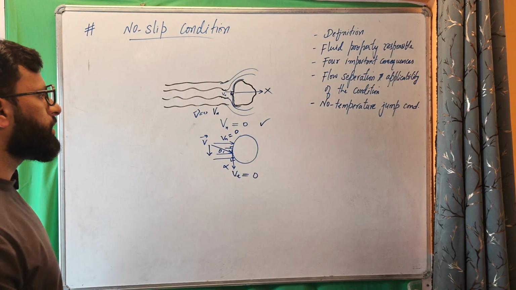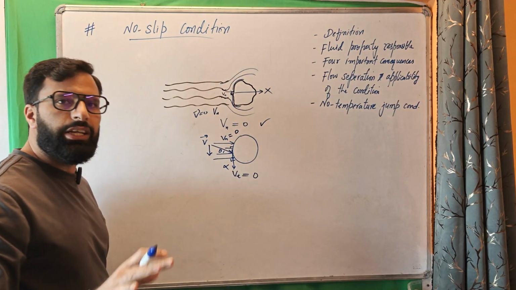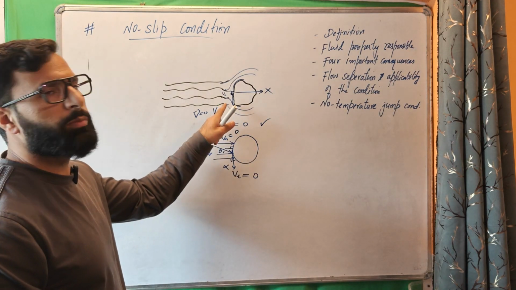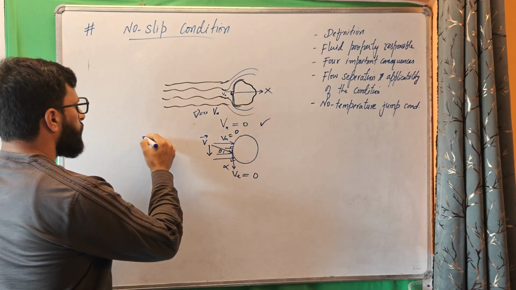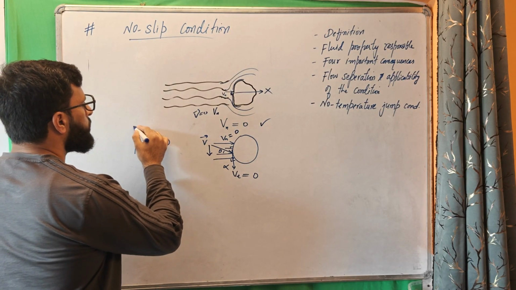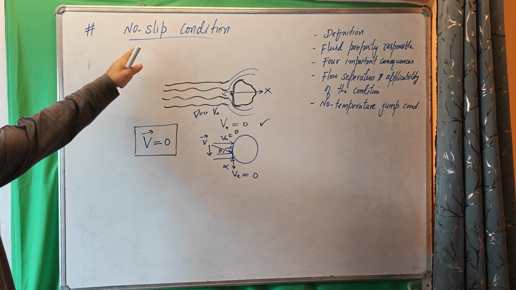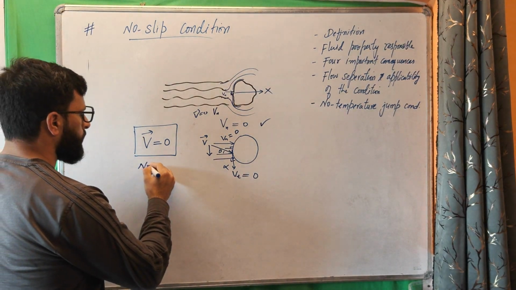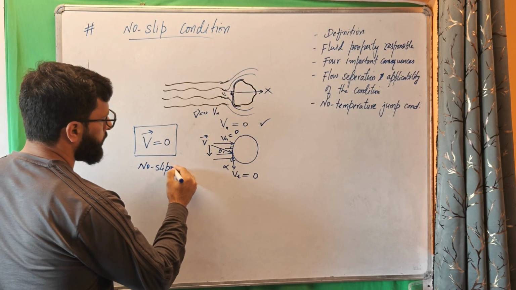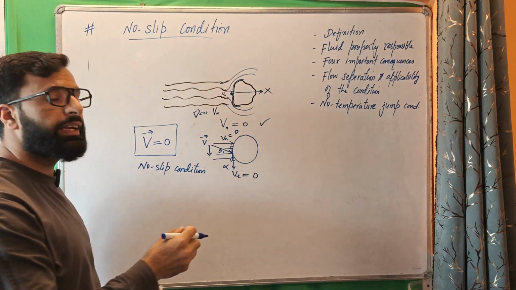This concludes that whenever fluid comes in contact with any solid surface which is impermeable to the fluid, the total velocity of the layer in contact with the solid surface is 0. This has been called the no slip condition. No slip condition, meaning the fluid layer in contact with the solid surface does not slip.